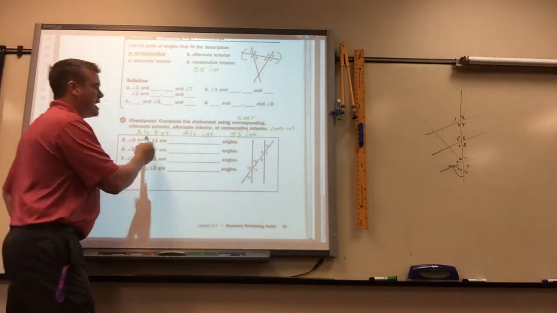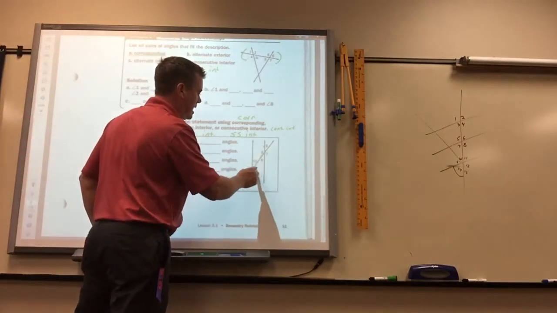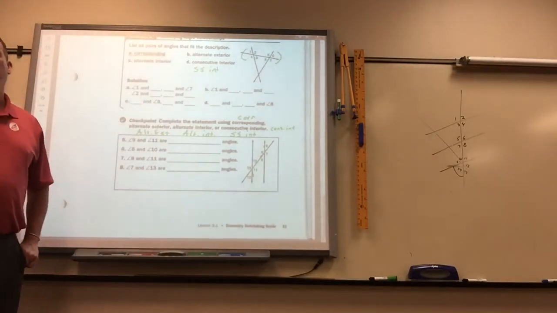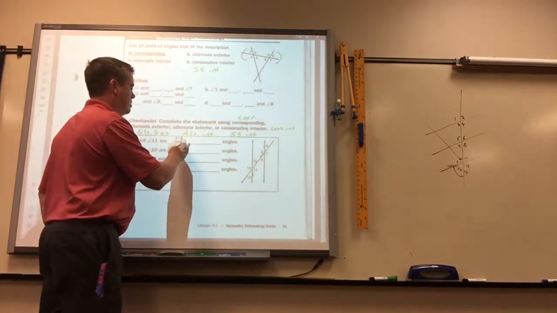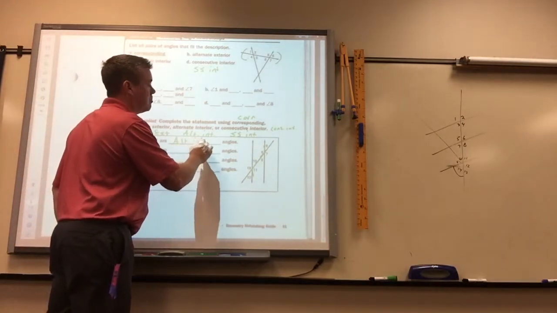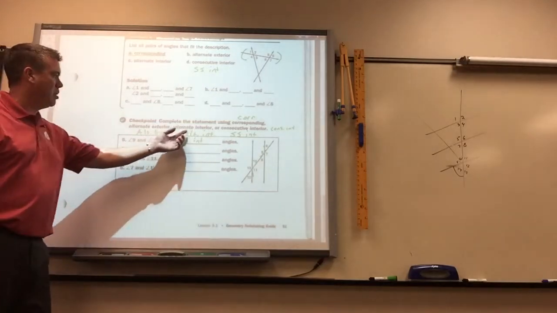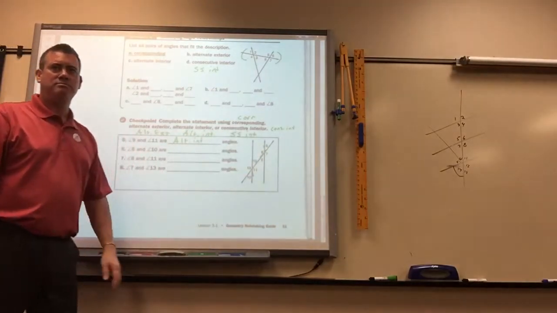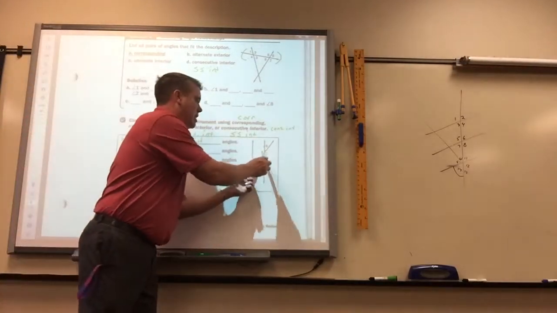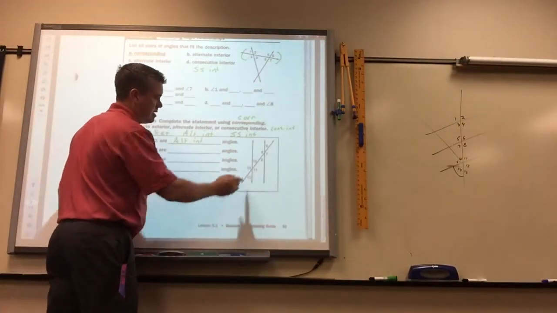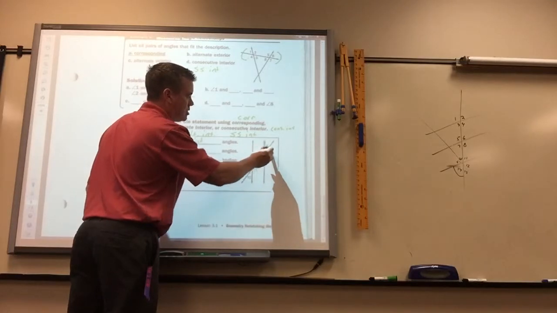So, 9 and 11 are what type? Alternate interior. They're both inside, so that kind of cuts it down for you. It's either got to be alt-int or same side interior. And they're not on the same side. 6 and 10: corresponding.